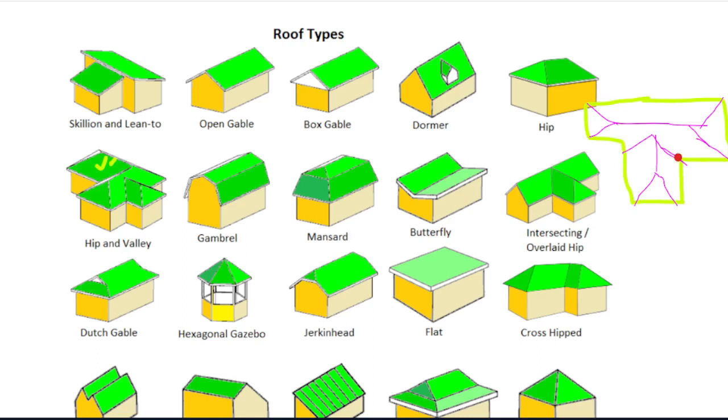This is the easiest way to show. From each corner, you will take out 45-degree, and this will help you to design the roof plan from here as well, 45-degree. This is the critical part where most of you make mistakes.